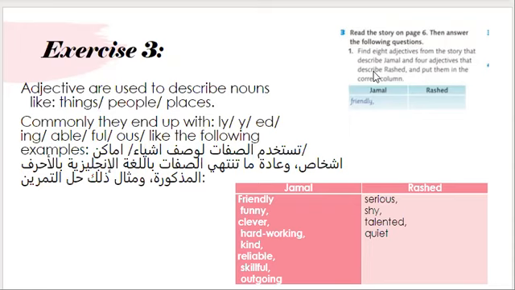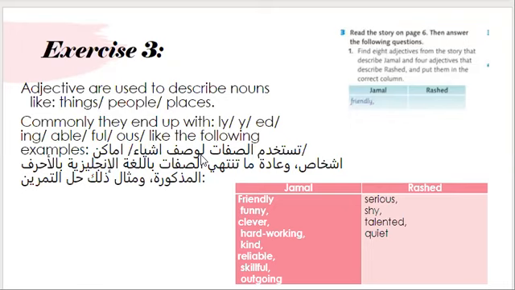Before you have a look at the key answer, I want you to try to extract from the paragraph, first impressions, the adjectives of each Jamal and Rashid. قبل ما تطلعي على الحل حاولي من الشرح اللي أنا عندي هون دوري على adjectives، دوري على nouns that describes أو اللي هي ال words that describes nouns، فحتلاقيهم ال adjectives. وإذا to help you doing this, you can look at the suffixes أو الحروف اللي بتنتهي فيها usually in English the adjectives like ly, y, ed, ing, able, full, ous, and a lot of others, less, and so on.